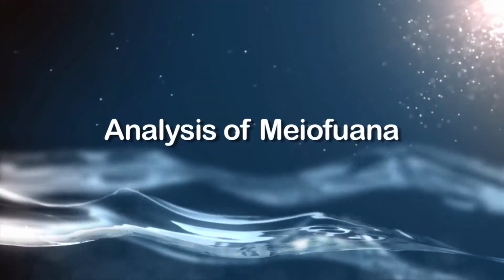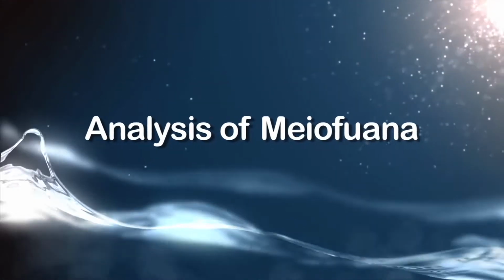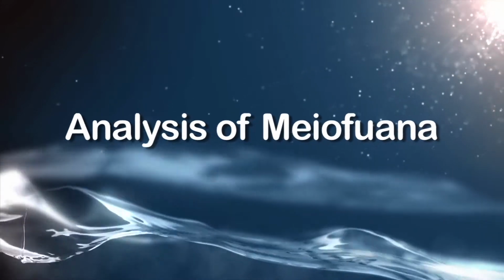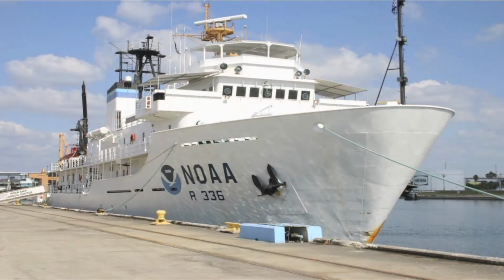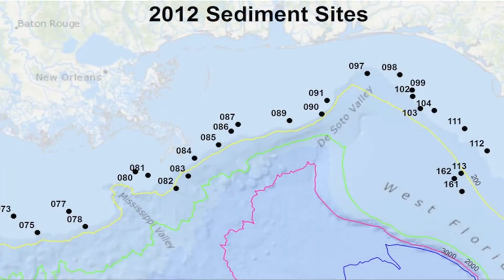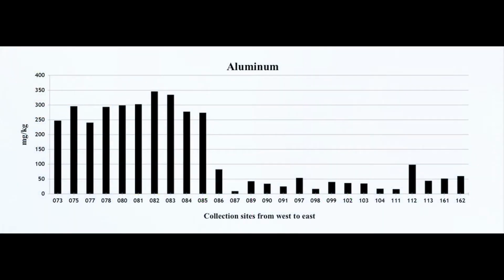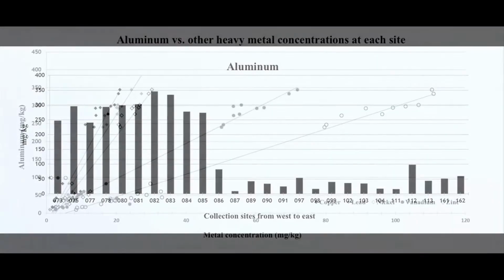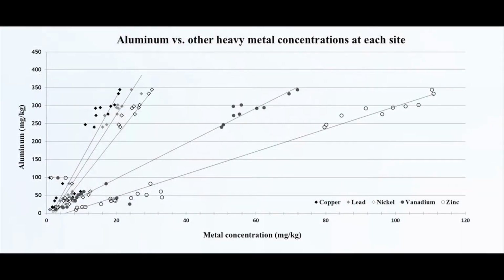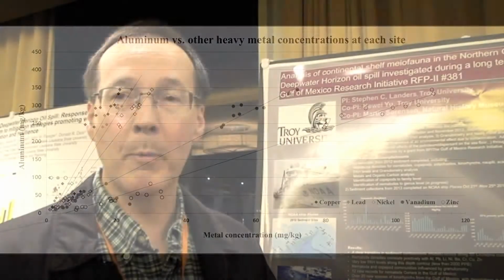This represents the work that my lab has done in 2013 to analyze the sediment in the Gulf of Mexico. We go on NOAA cruise ships and collect sediment from multiple sites, and then we analyze the sediment not only for its chemical characteristics such as trace metals and PAHs, things like that, but we also look at the microscopic animals that live in the sediment, such as the copepods and the nematodes and the mud dragons.